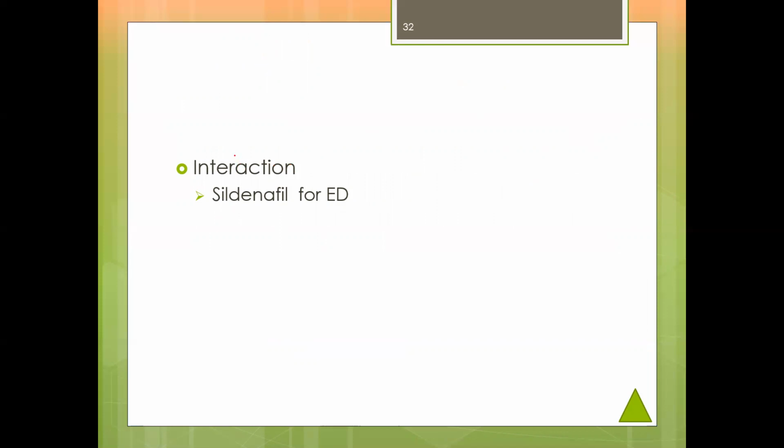Okay, interaction is the drug-drug interaction. So the drug-drug interaction of concern is the interaction of nitrates with sildenafil. Okay, sildenafil versus nitrates, not good.